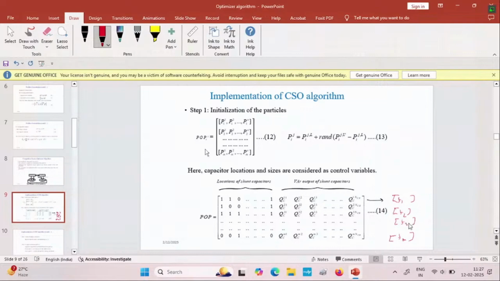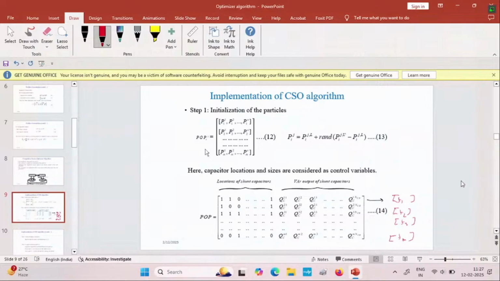If f of 3 has a better result, how is it better? Maybe its loss is reducing more. So at that time this corresponding solution will pass to the next iteration. But f of 1 will update based on what features are available in f of 3.